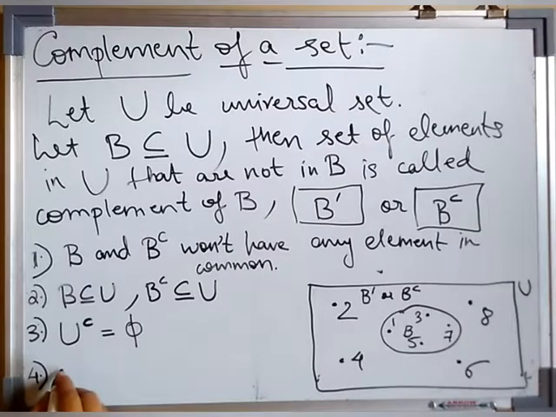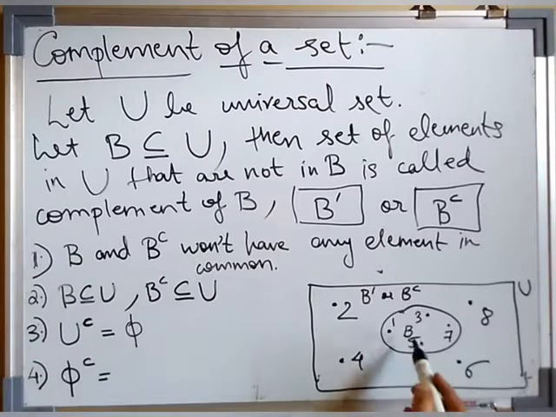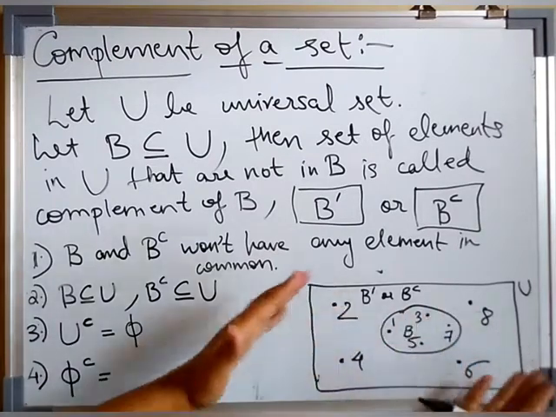Similarly, phi complement, that means the complement of the null set. Null set means in place of B we have a null set, no elements. Then what is the complement of it? Then all elements will be outside B, right?